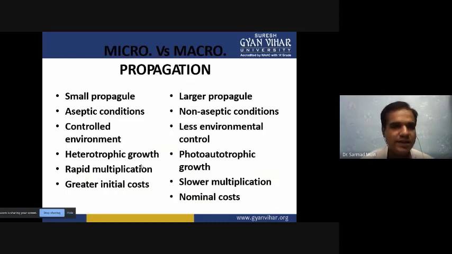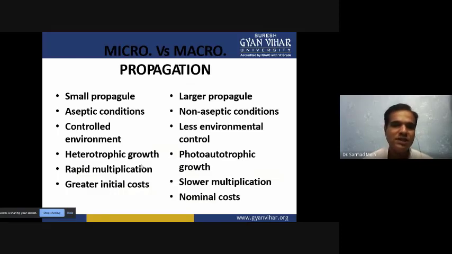In micropropagation, the environment should be controlled: light, humidity and temperature must always be controlled. But in macropropagation, there is less environmental control, and plants can still be propagated under it.